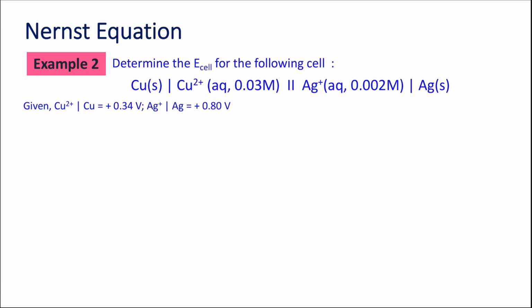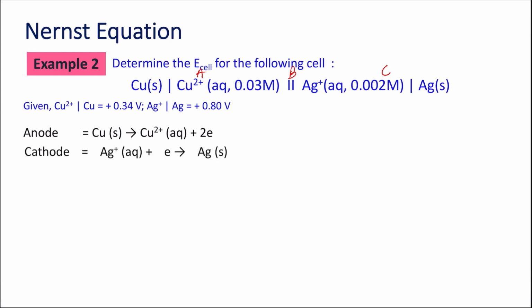Example 2, saya masih lagi ada cell notation antara copper dan juga silver half cell. So this is anode and a bridge in the middle and cathode. Ada keluarkan half equation. Copper is our anode, so copper release 2 electrons, and then cathode for our silver. Silver accepts 1 electron, tapi untuk make it balance for cancelling out the electron, kita akan darab 2 untuk semua species for silver.